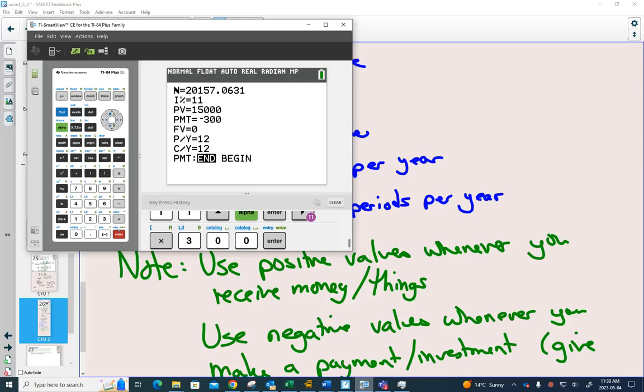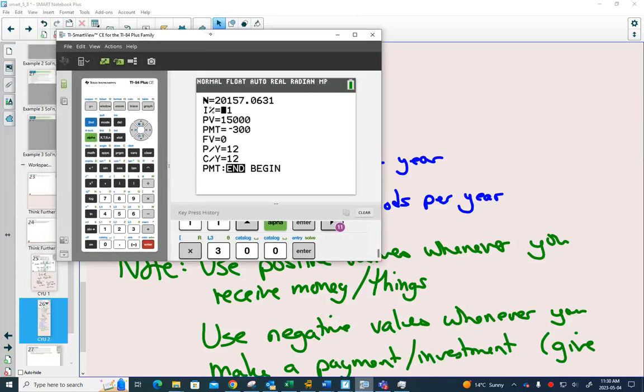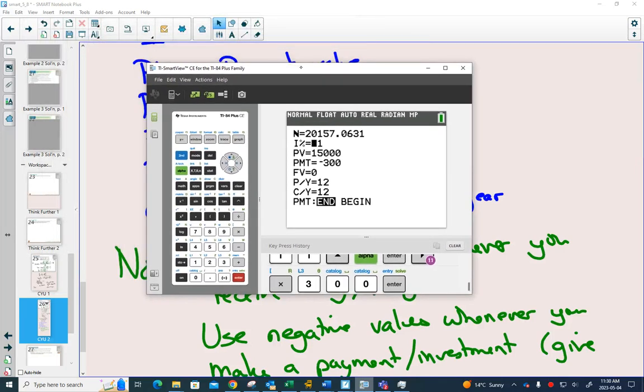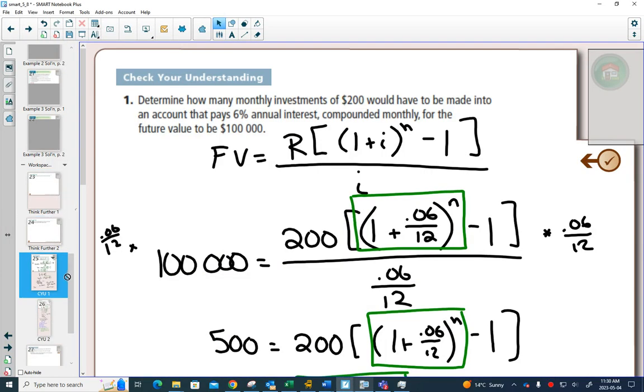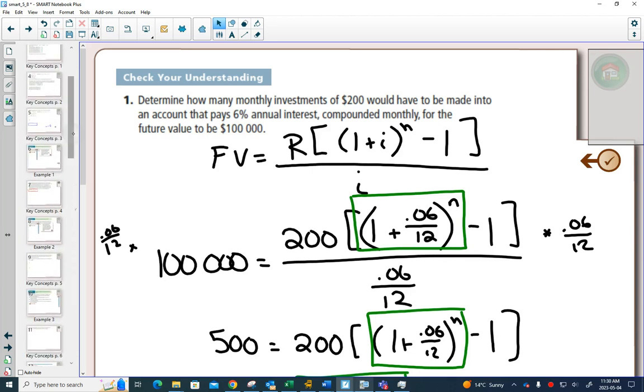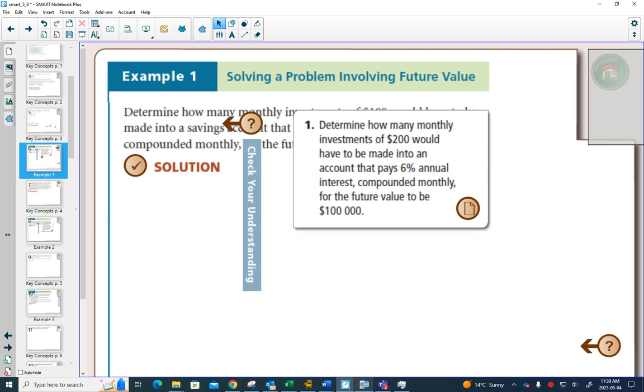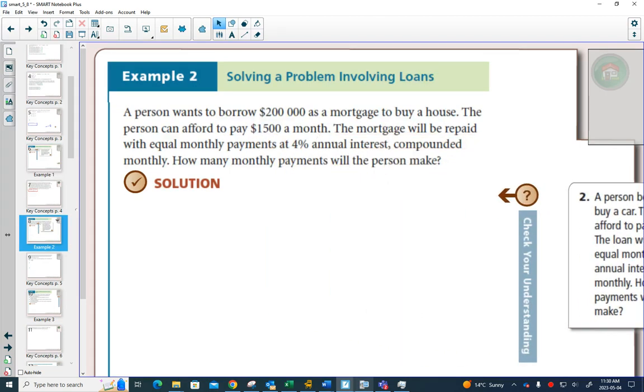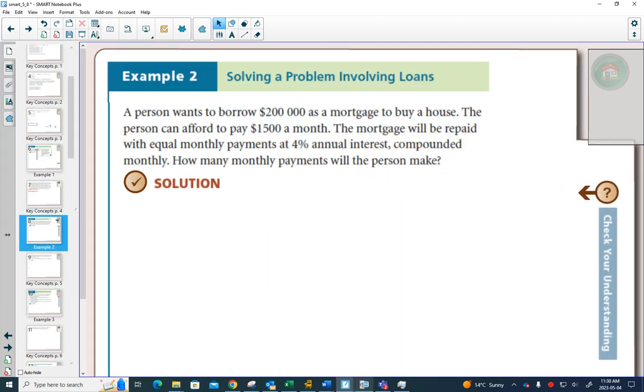We're going to do the example off to the side because the other big thing that you are probably going to do in your real life is buy a house. So the example that they have right beside this car one is, there we go: you're borrowing $200,000 to buy a house, and you can afford to pay $1,500 a month.